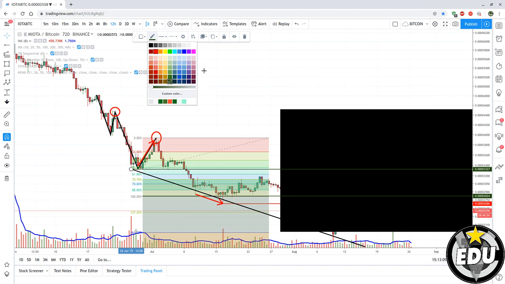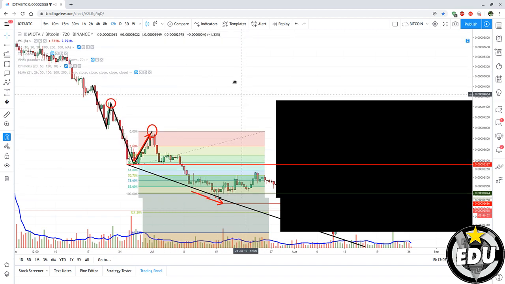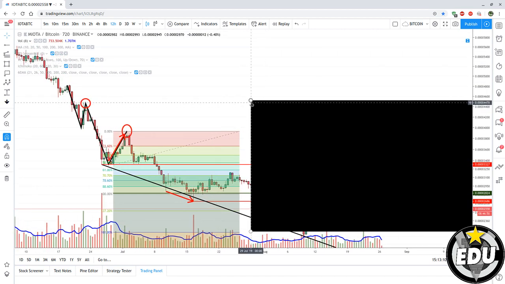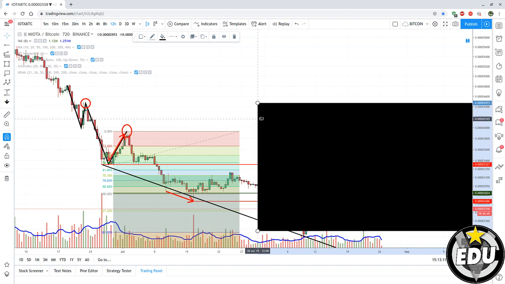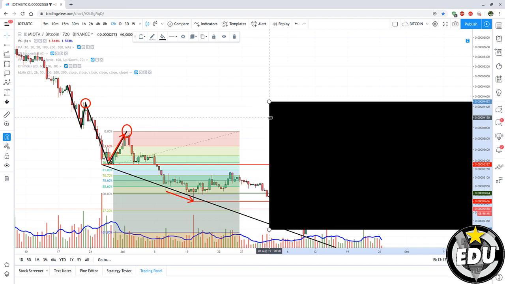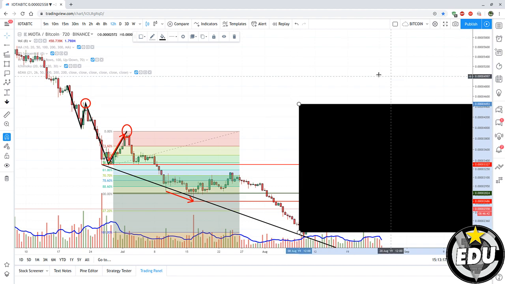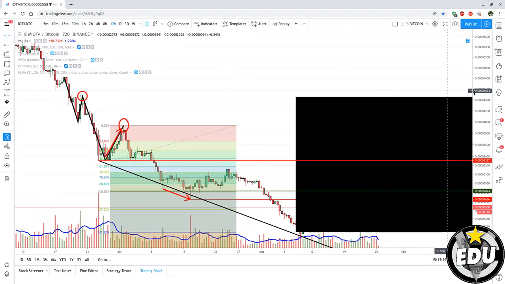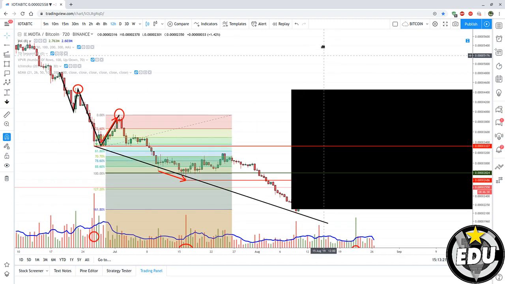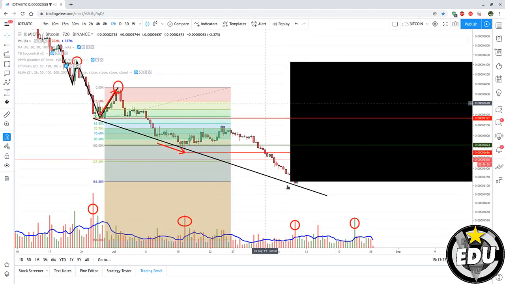Let's figure that out. Okay, let's see. Let's move this thing here. Price comes back down, drops, and guess where it's going? It's going down to my line that I traced before.